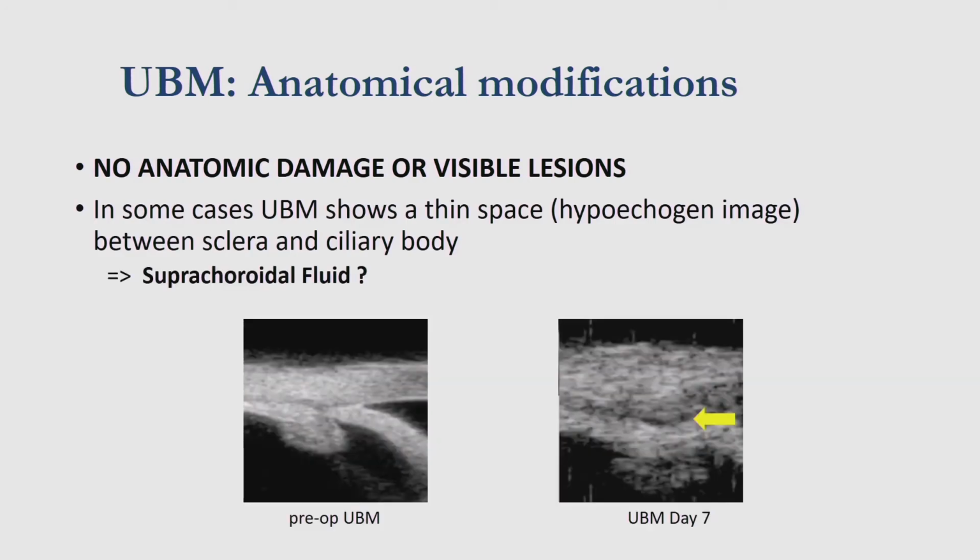In UBM, we haven't shown any anatomic damage or visible images. In some cases, we can see a tiny space between the sclera and the ciliary body. It may correspond to suprachoroidal fluid.